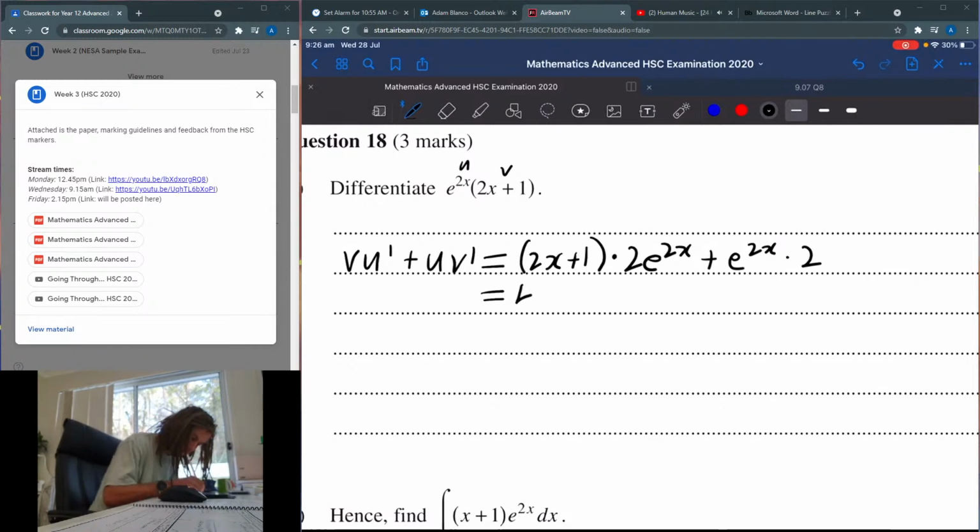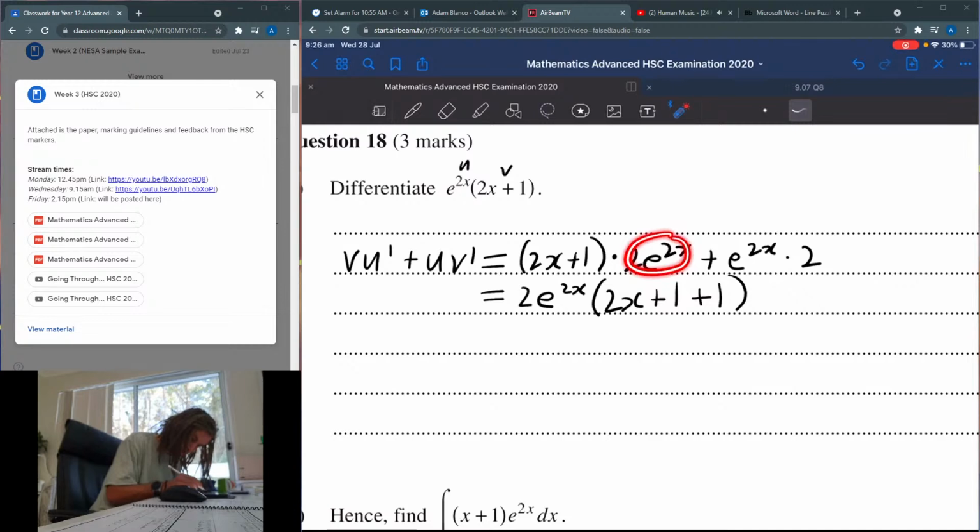Okay, so let's simplify that. What do I do here? 4e to the, now I've got 2 of these. Can't do that yet. Alright, I'm going to factorize this, which is going to be 2e to the 2x outside of 2x plus 1 plus 1.